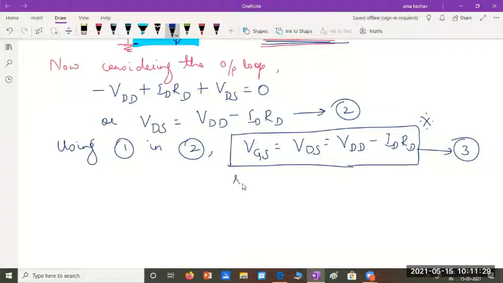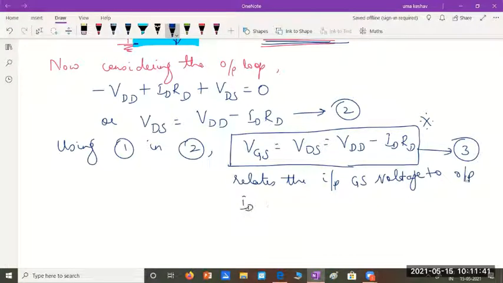Because this equation relates the input gate source voltage to output drain current, right? That's why it's always important for us to find this kind of relations.